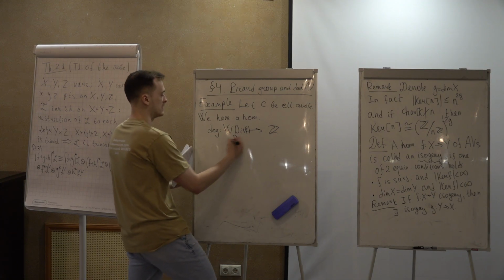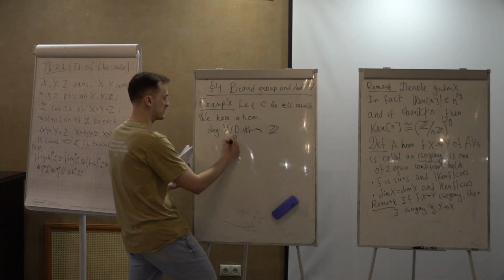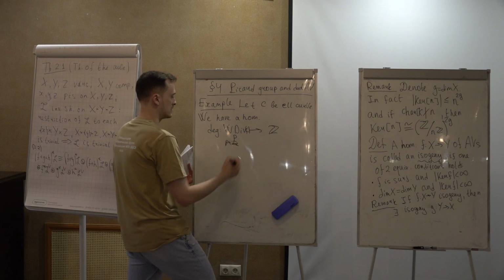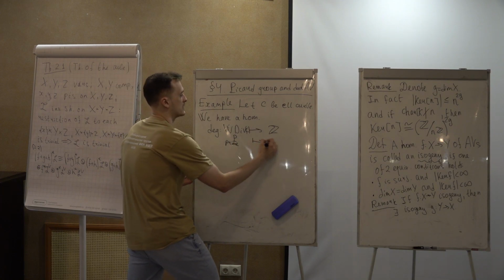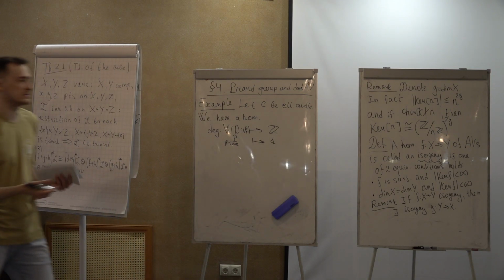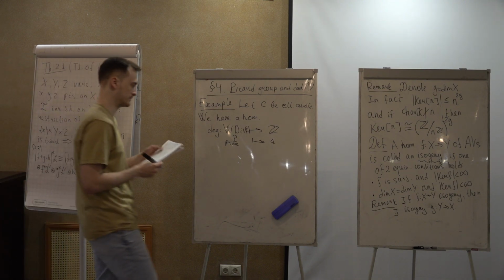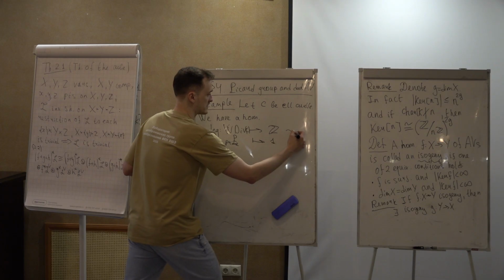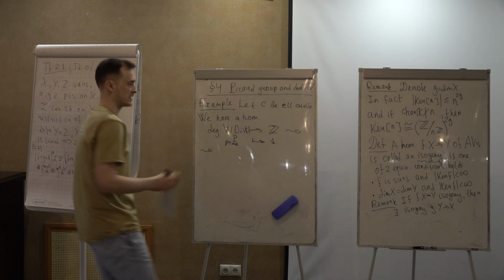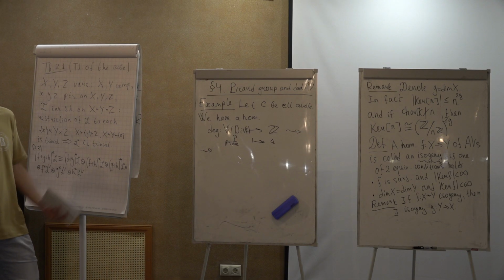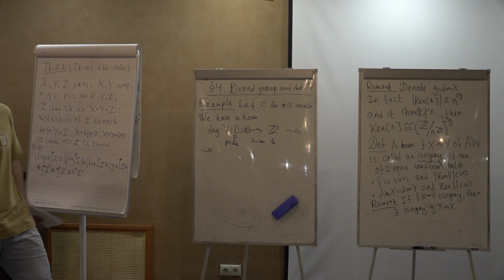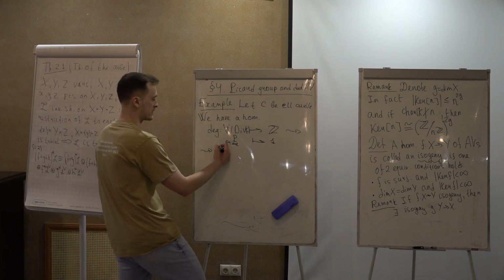So P is a point which is a prime divisor, maps to 1. And so linear combination maps just to the sum of the coefficients. And the standard fact is that every principal divisor has degree 0, so this in fact gives us a map from the Picard group, the class group.